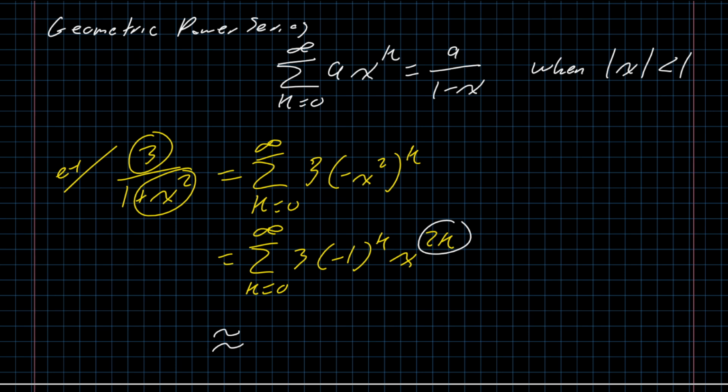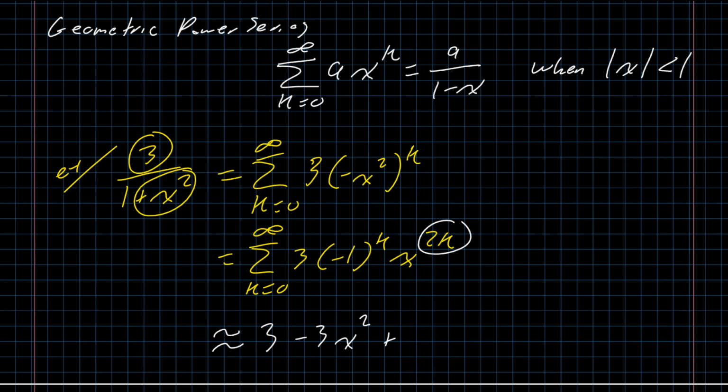When k is equal to 0, we will have 3, since minus 1 to the 0 is 1 and x to the 2 times 0 is 1. We don't have to write any of those out. When k is 1, we have 3 times minus 1, which is minus 3, times x to the 2 times 1, so that's x squared.